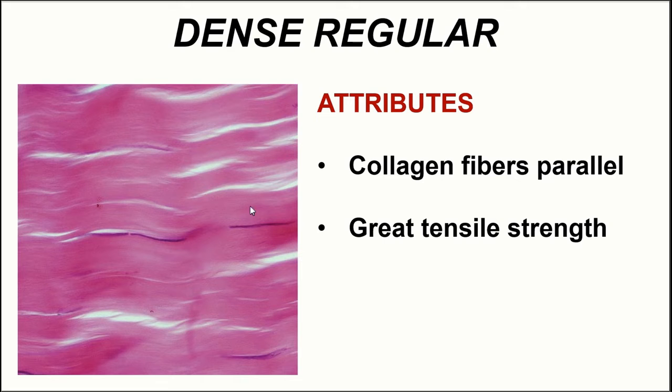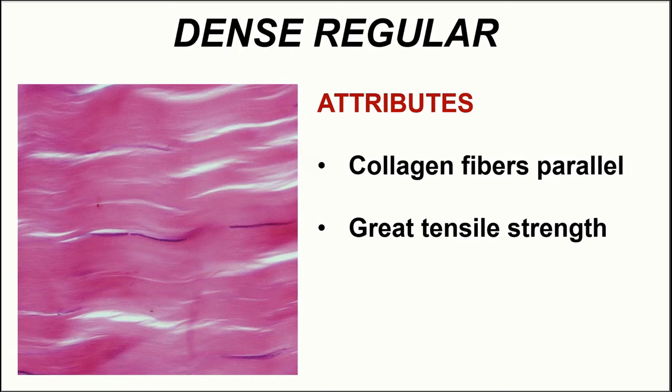And because the collagen fibers are arranged in parallel with one another, this tissue has a great tensile strength from forces being applied in one direction. So it's essentially behaving as a piece of biological rope or even steel cable, since collagen fibers actually have a greater tensile strength than steel fibers of the same size.